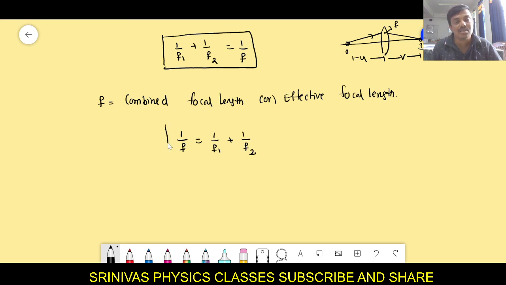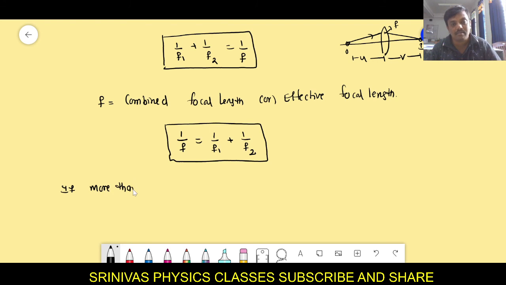If more than two lenses are combined, the formula will change like this. Okay, we are using the lenses, for example, f1, f2, f3, and so on.